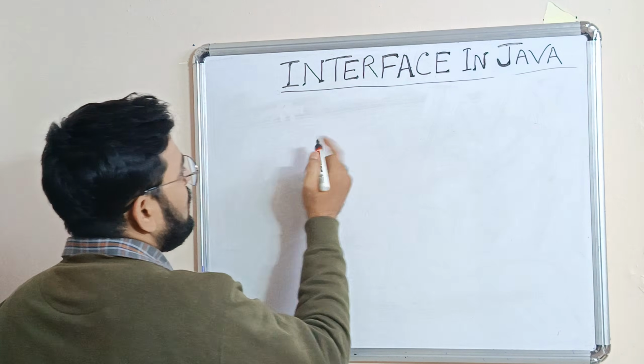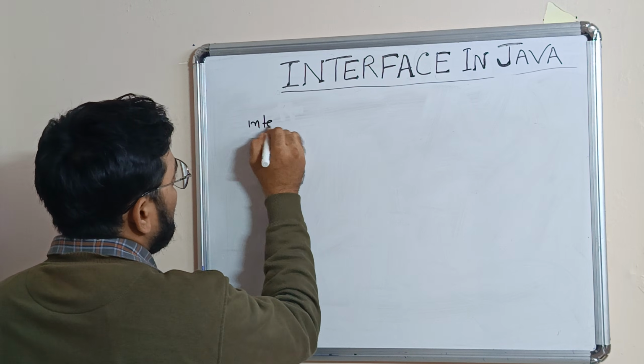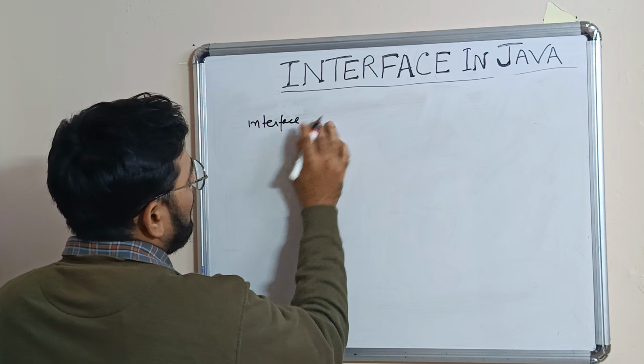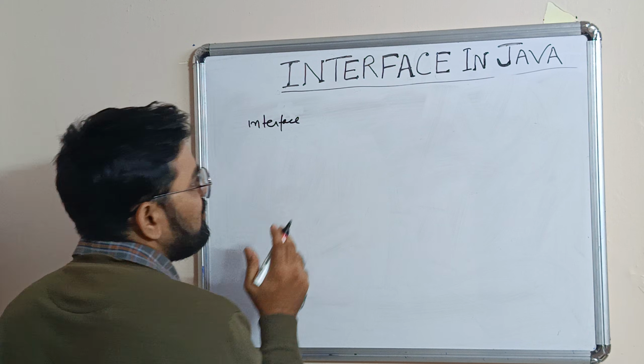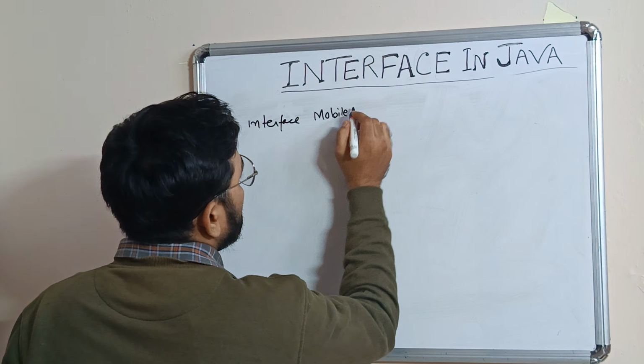Now let's have examples. We have one interface, which we can write as mobile features.